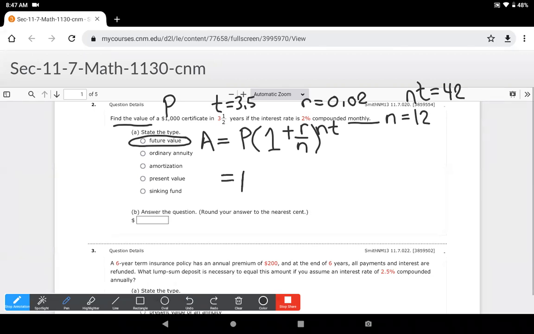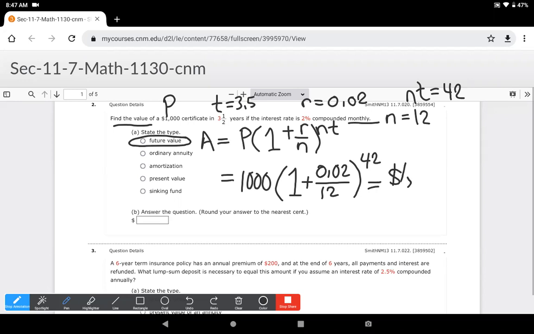We have 1,000 times 1 plus 0.02 divided by 12 raised to the exponent of 42. When I put this in the calculator, I get $1,072.45.